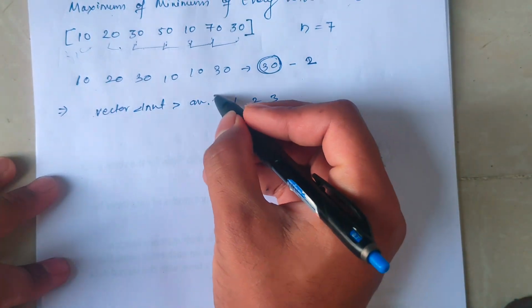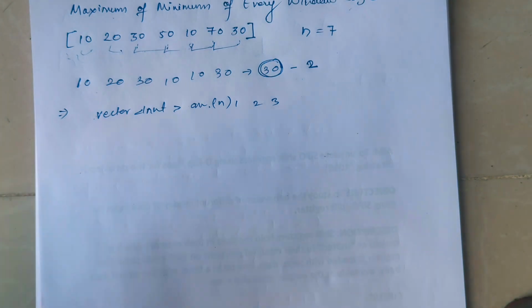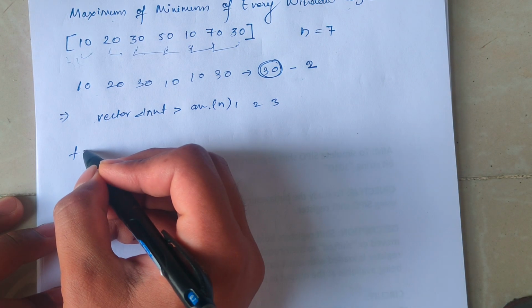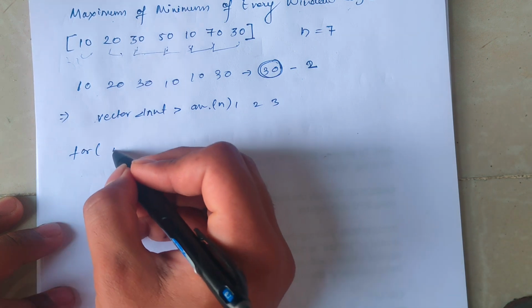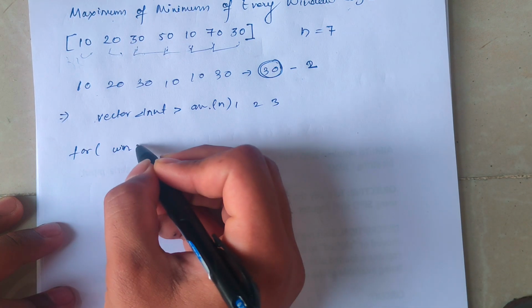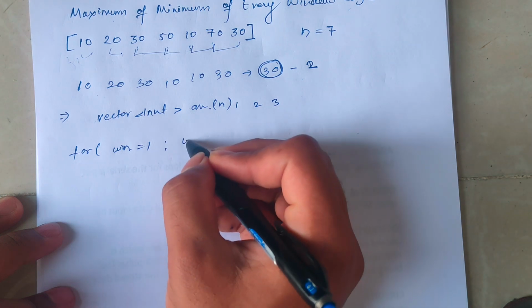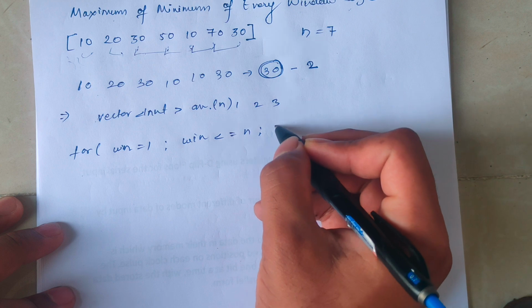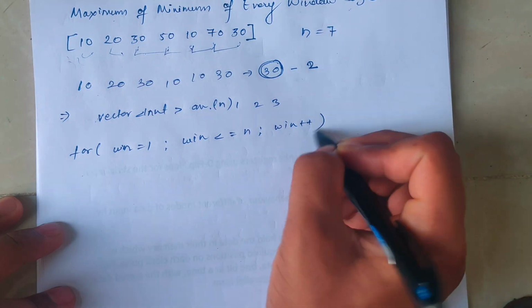So its size should be n. Now we have a for loop for window size 1. Window size would be less than equal to n, window size plus plus, right?